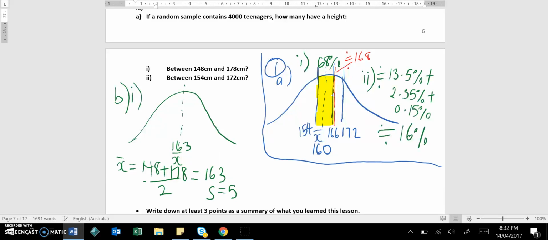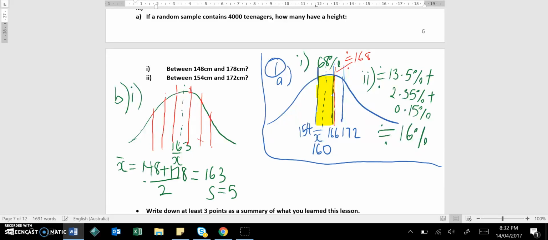So basically from here, so I know on either side here I've got a bracket worth 34%, and then I've got another bracket on either side of that, and then I've got another bracket on either side of that. Okay, so there's kind of 6 lines apart from the mean. So that's really important to think about.